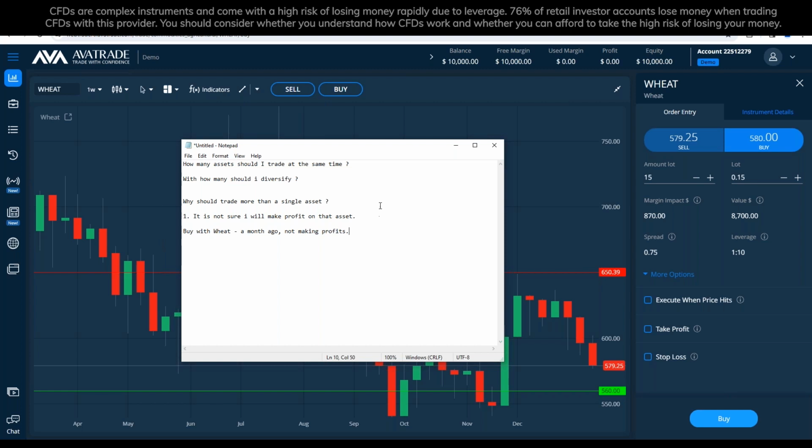But if I take another asset, like Amazon, or corn, or anything else, in other words, when I diversify, I split my risk. I can lose with wheat and I can gain with wheat. And if I have corn running in the background, perhaps I can compensate my losses, or I can compound additional profits. That's also one of the reasons. It's not sure that I'll make profit on the asset.